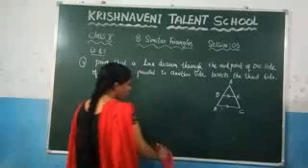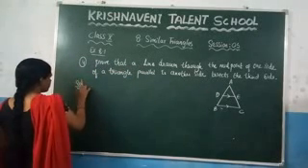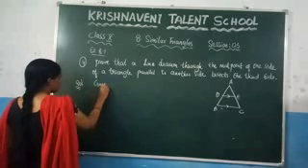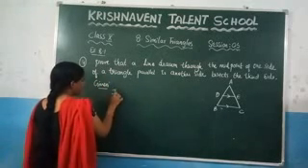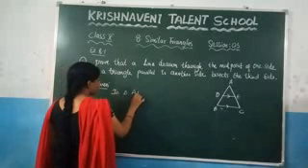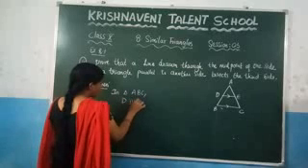So first you write what you have given. So here, D is the midpoint of AB.